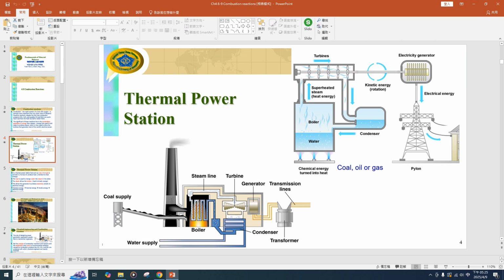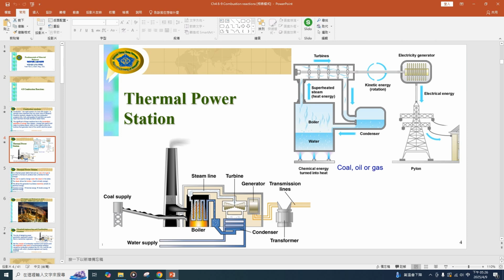So for example, you have coal, you have oil, gas. That's what Taiwan uses, right? And what you need is chemical energy. Right? Chemical energy converts to what? Chemical energy converts to thermal energy. Thermal energy converts to mechanical energy. And mechanical energy converts to electrical energy.